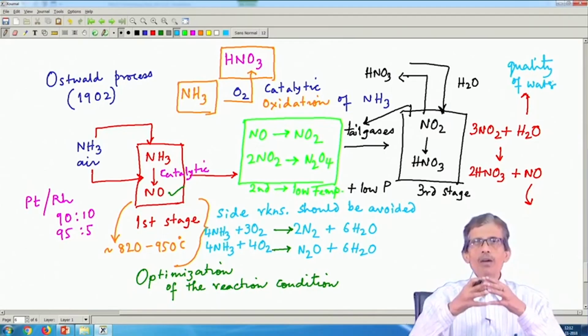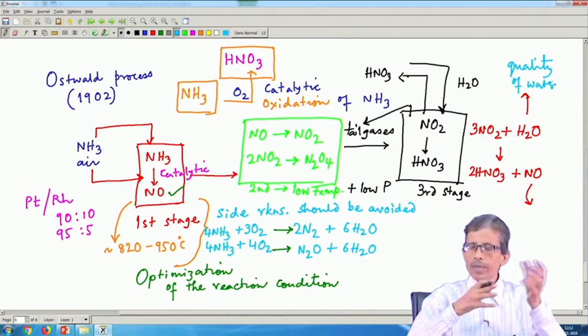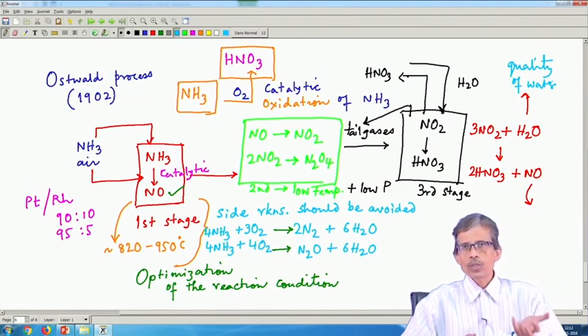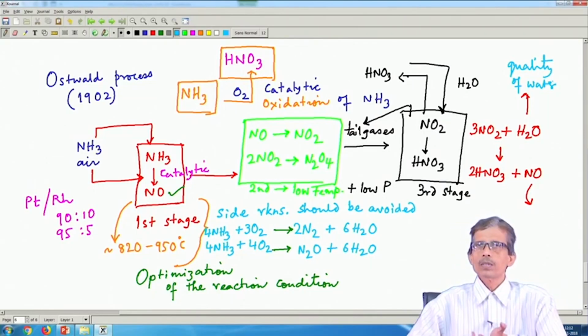It is not that any water we can use, as we have seen at the very beginning, that water can also be a very useful industrial material for industrial inorganic chemistry classes. Now we see how useful this water is for the production of nitric acid.